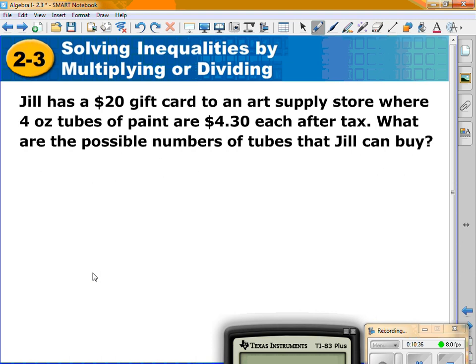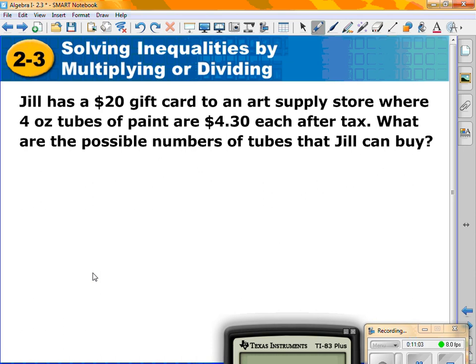You see these word problems and say, I can't do these. But the thing is, these word problems are your real life things. You do these all the time when you go to the store. You have a certain amount of money in your pocket, you know you want to buy a certain amount of stuff, and you always want to buy as much as you can, right?